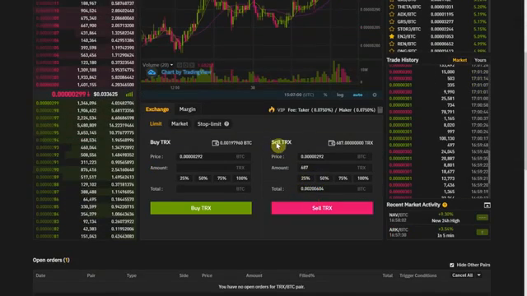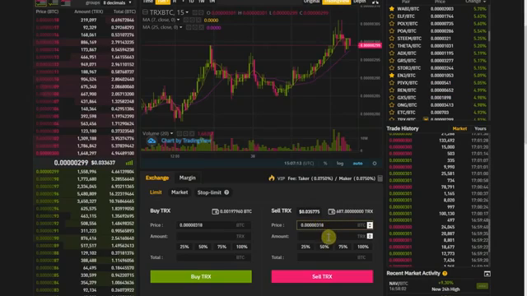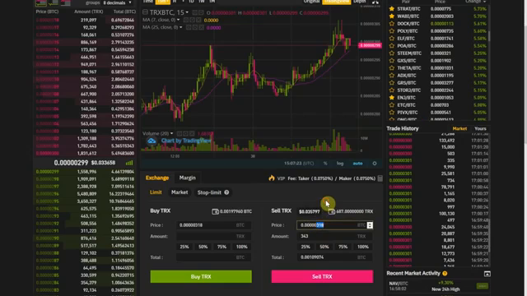Again, if you wanted to sell, it's the same exact thing. Let me say, okay, I want to sell at this price. That's it. And how much do I want to sell? So I have this amount of TRX, and let's say I want to sell this amount of TRX at 318.